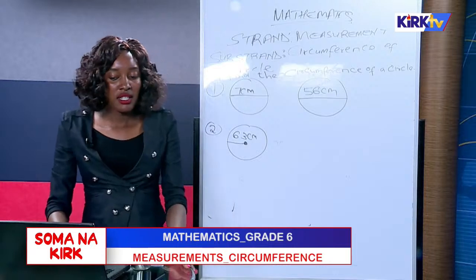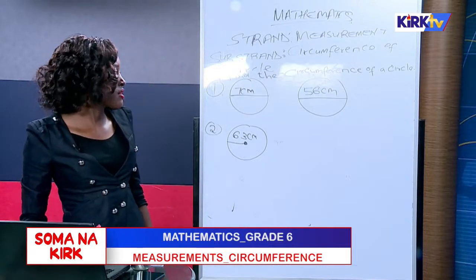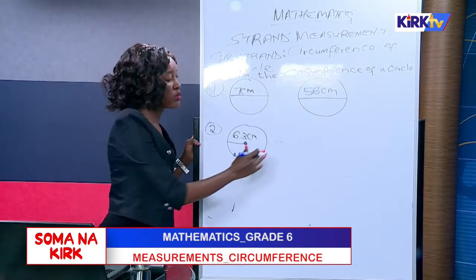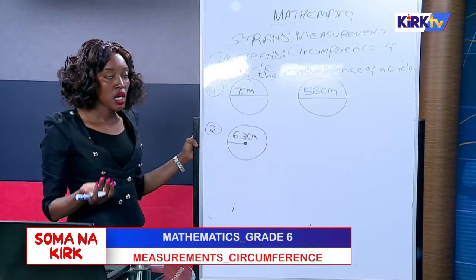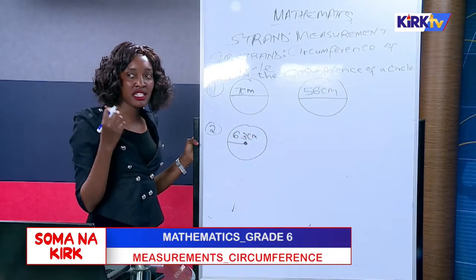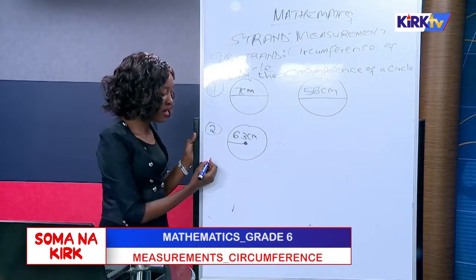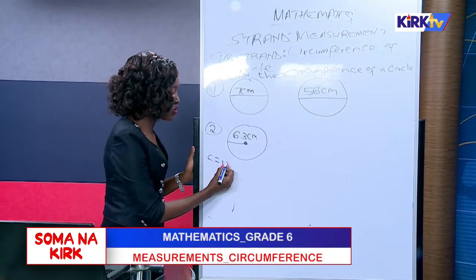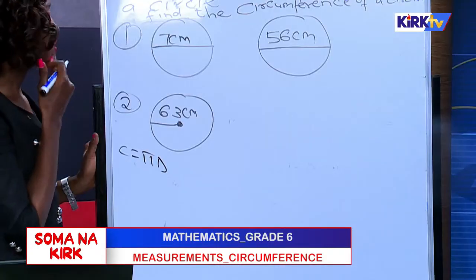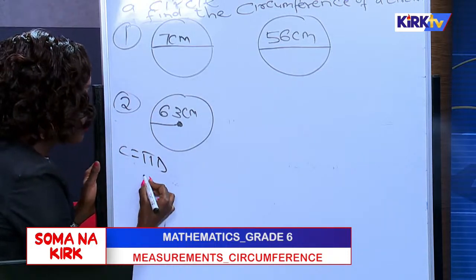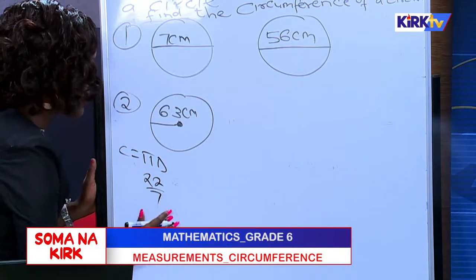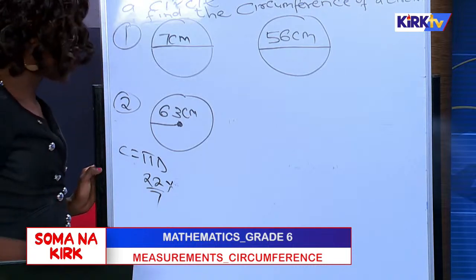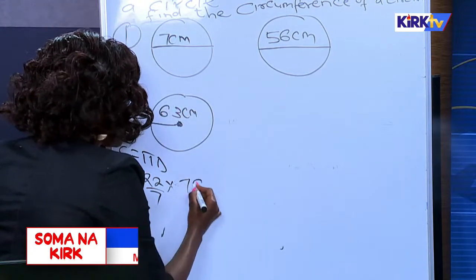So I know we are done with the first one. Maybe let's look at it. Very fast, we start by writing the formula, all right? Circumference is equal to pi d. So pi means 22 over 7 times our diameter, which is 7 centimeters.